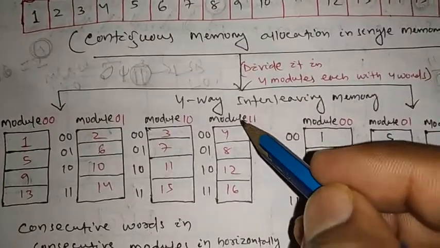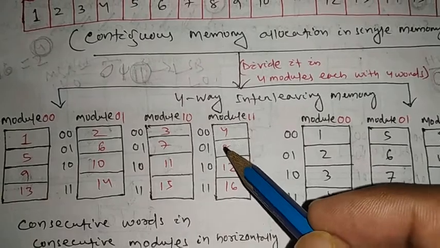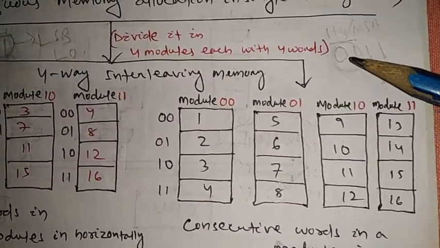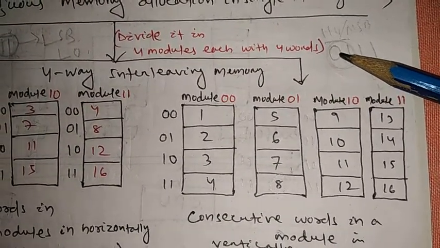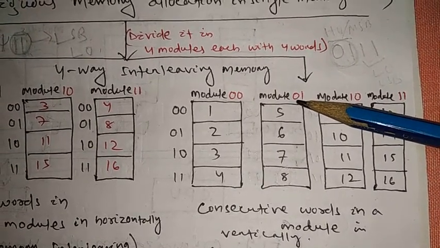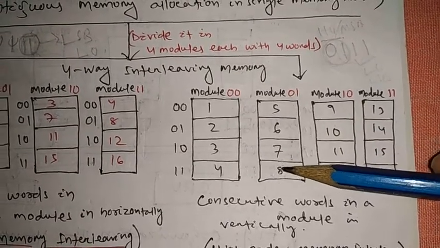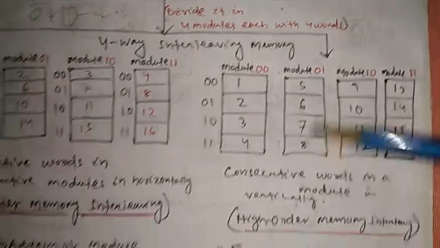So 11 means this module, and 01 is what? Location of the word. So 01 is the location of word, and here 01 is used to find the module. So 01 is the address of module, and 11 is what? The address of word. So look, 11 is the address of words. Get it.